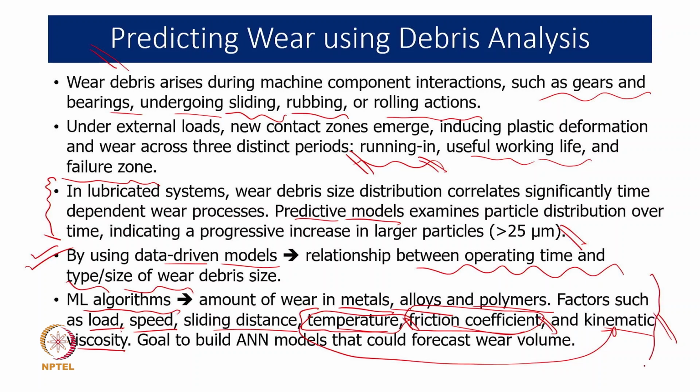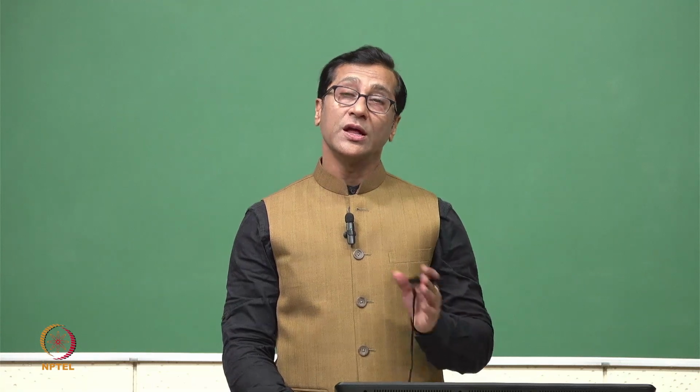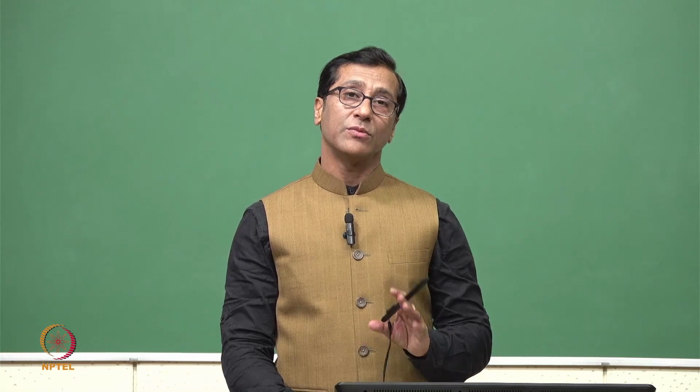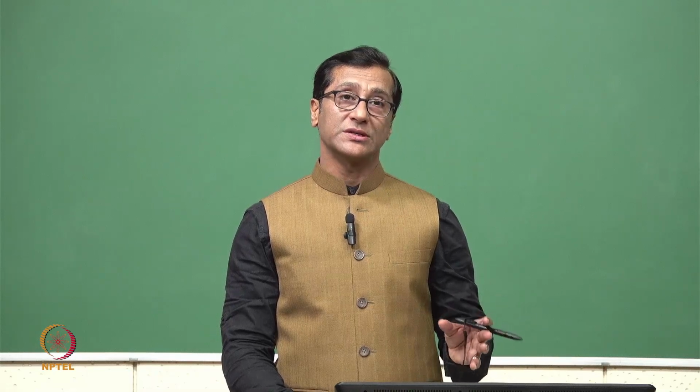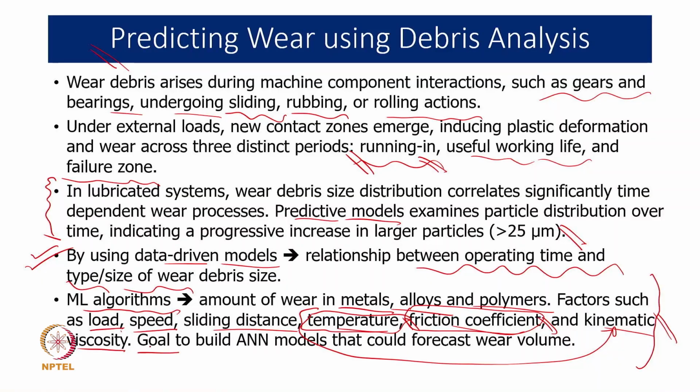So many times we require these parameters and relations, or if we don't have a relation, a separate model, maybe an ANN model, can be implemented to get an overall good correlation between the models. And then we need an ANN model that can forecast the wear volume appropriately.